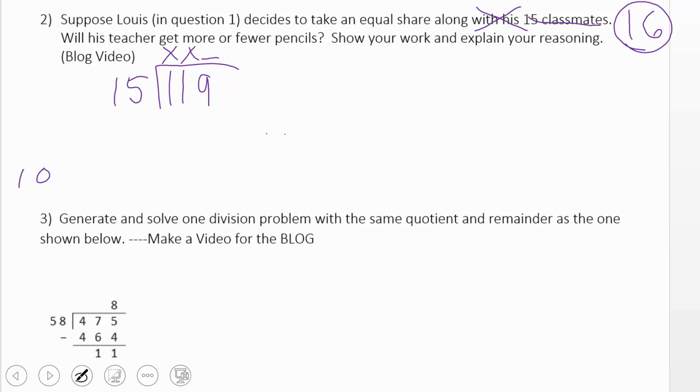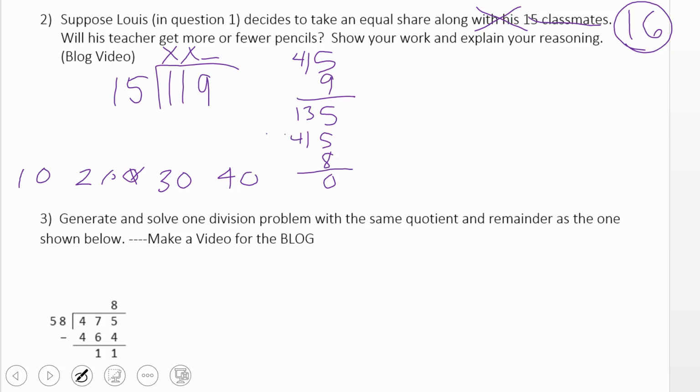We get 10, 20, 30, 40. I'm going to think to myself, let's see, 15 goes into 119 maybe 9 times. Let's see, 15 times 9 gets me 135. Okay, that's too big. So let's try 15 times 8. That's 120. That's still too big. So it must be 15 times 7.